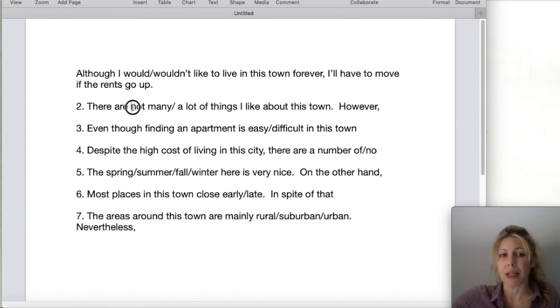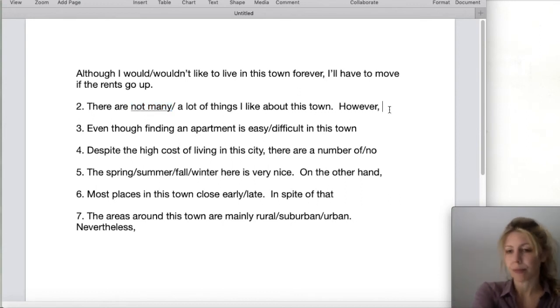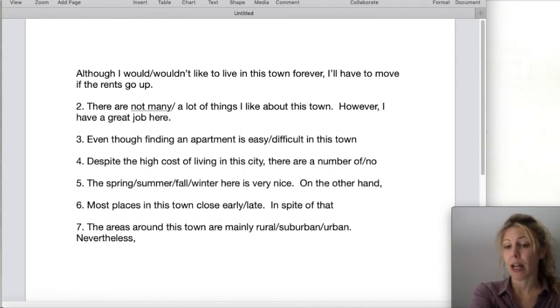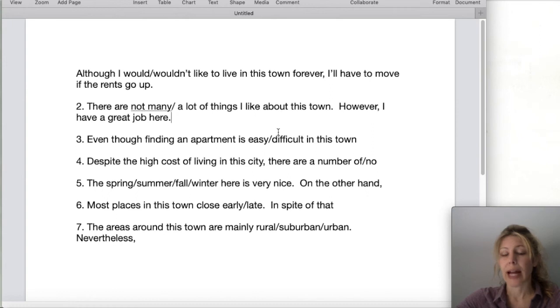We say there are not many things I like about this town. However, I have a great job here. Or, however, all my family is here. So you see, there's not many things I like about this town.